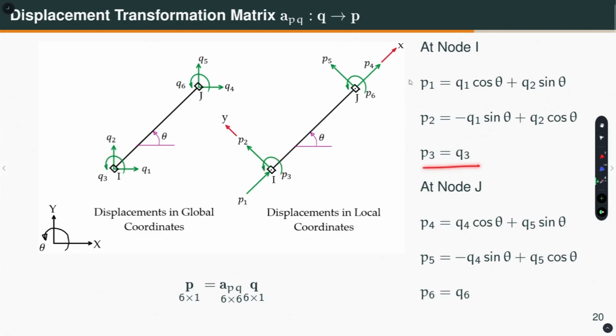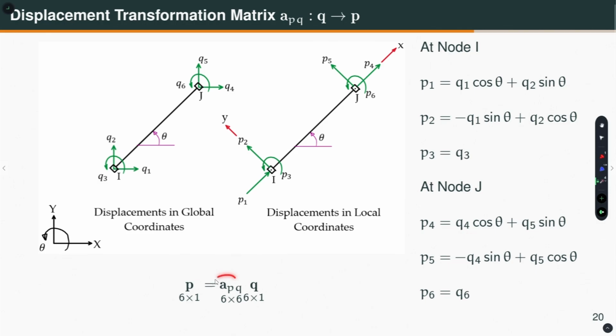This is what I get at node I, and at node J similarly I get these equations. If I write them in matrix form, on the left hand side I have the displacements in local coordinates, and on the right hand side the displacements in global coordinates.